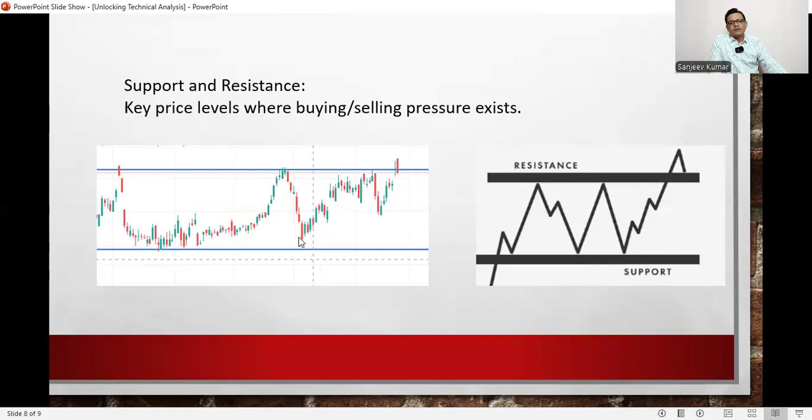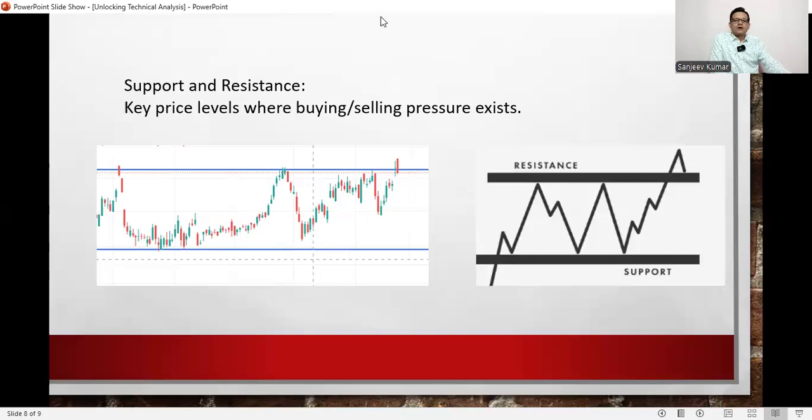Again you can see it started falling, but from this place it moved upside. So this is the support zone and this is the resistance zone. Here also you can see this is the resistance and this is the support. So usually when a share price starts falling, we analyze in this way: it may return from this place because there must be some buying pressure.